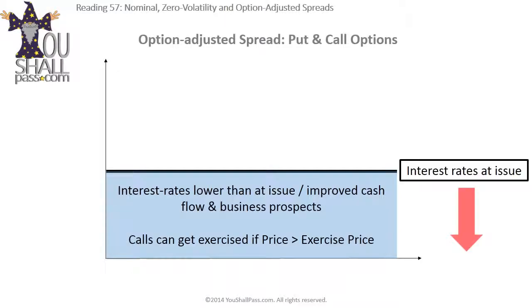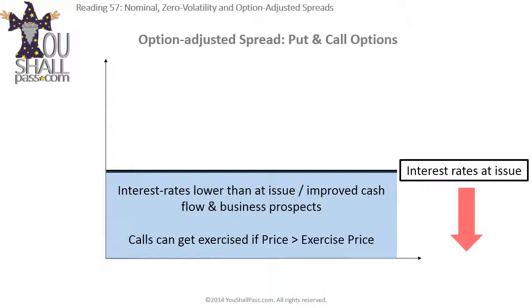But if interest rates decline or the credit rating of the issuer improves, it becomes cheaper for the issuer to borrow funds. Inevitably, the improvement in the business conditions will start to reflect in improved prices for the company's bonds, and in that case, it makes financial sense for the issuer to call, or to buy back, the bond and maybe then reissue another bond at a cheaper interest rate.